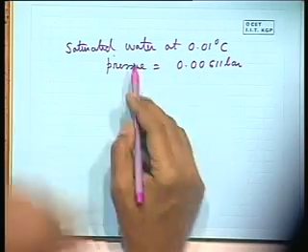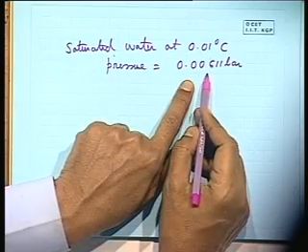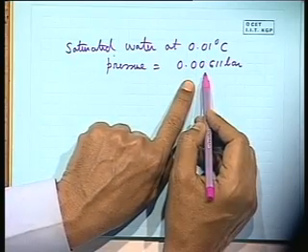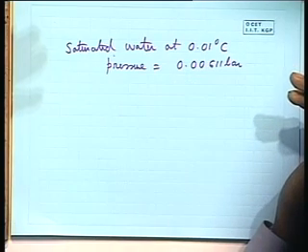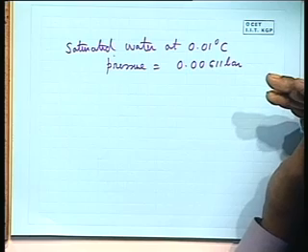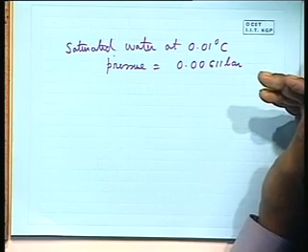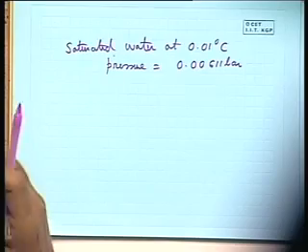That means water at this temperature and pressure is saturated, so it can convert to vapor. At the same time, if you extract heat, it will convert to ice. That means it is a triple point, where all three phases exist in equilibrium.